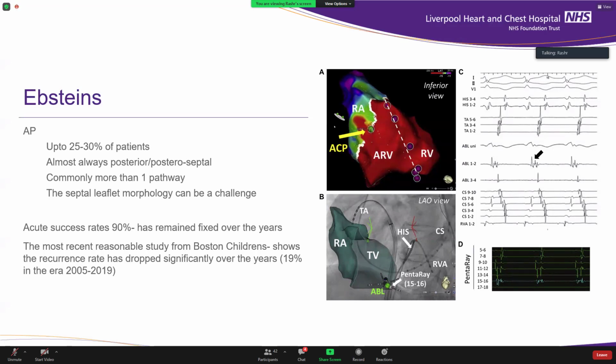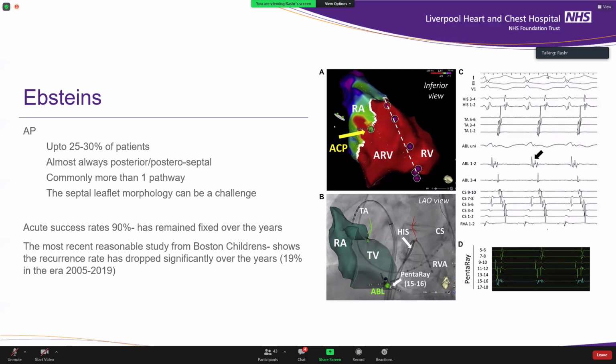Certainly from my perspective, although I would do most of my accessory pathways in structurally normal hearts and maybe simpler congenital heart disease with just catheters, the Epstein's cohort is one I would try and do with a mapping system if I have the availability.